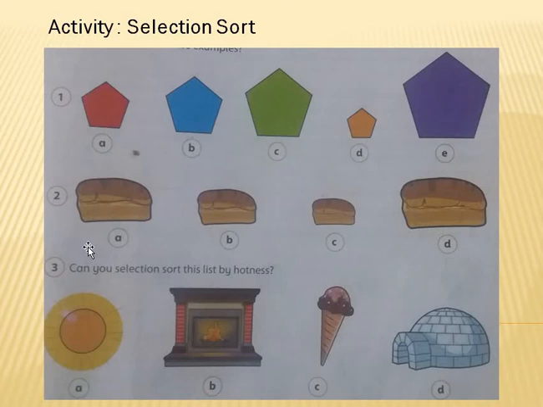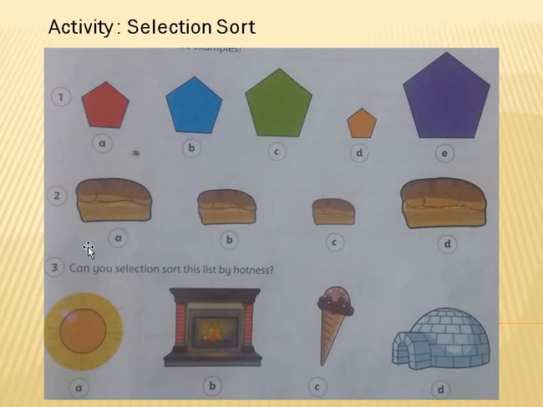What is an algorithm? Selection sort is basically an algorithm. And what is an algorithm? An algorithm is a way to order or sequence things, to solve a problem. Order or sequence means you solve a problem, or you bring a sequence to the things in the list.